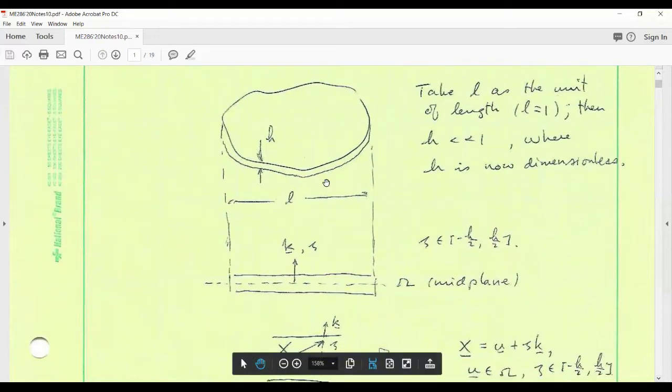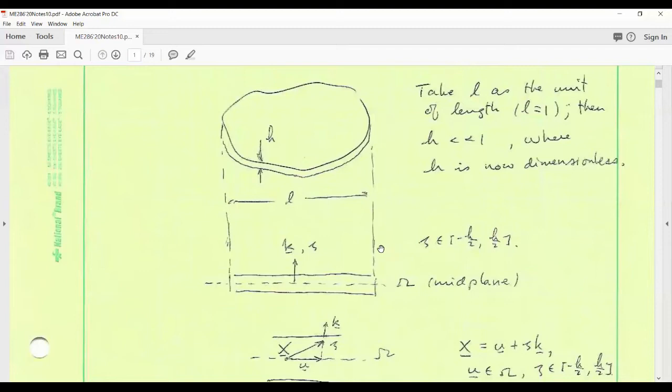So if we look at the plate edge on, here's an edge view, we can orient the plate by specifying a normal, say k, the three direction, and let zeta be a coordinate through the thickness. You can call it z if you prefer. And let's single out the midplane of this edge-on view of the plate.